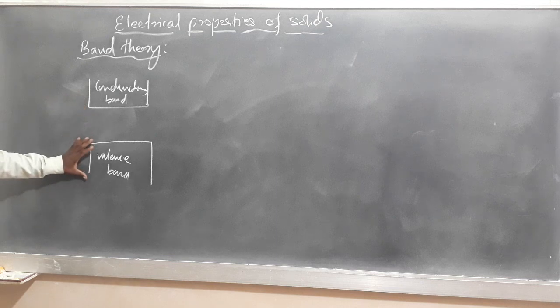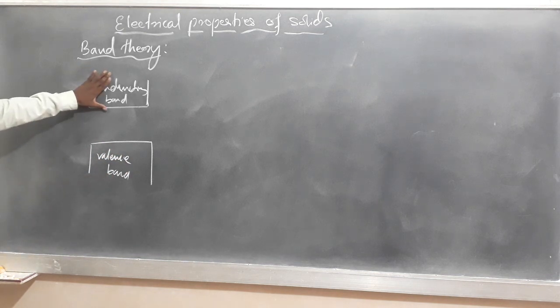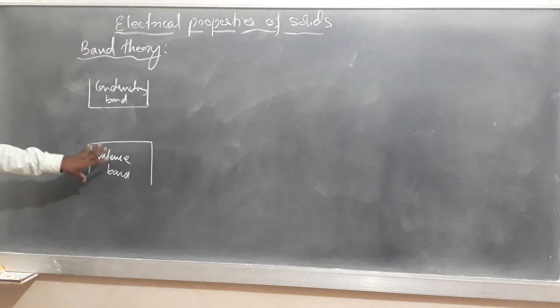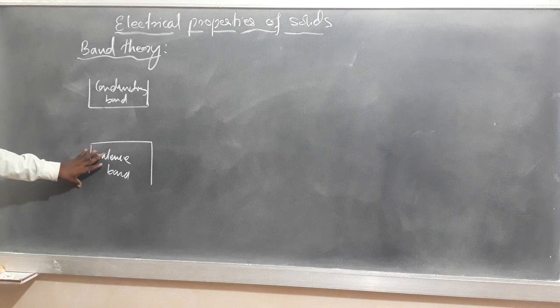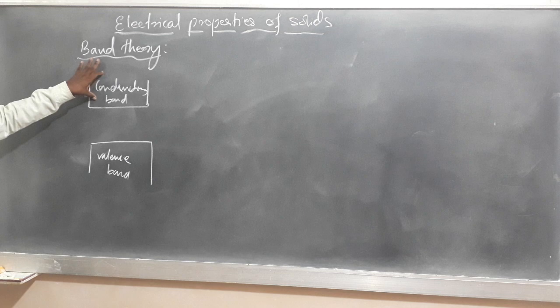The valence band contains the valence electrons, and in the conduction band there are empty orbitals. So the valence band orbitals contain electrons, while the conduction band has no electrons, only empty orbitals.